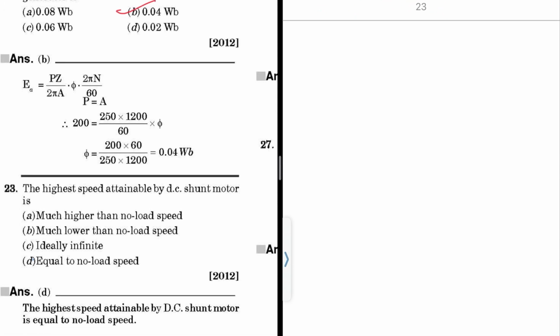Coming to question 23, the highest speed attainable by the DC shunt motor. Generally, this is the DC shunt machine, and the voltage is V. If you write the expression, V equals E plus Ia Ra, where E equals Ka phi into omega.